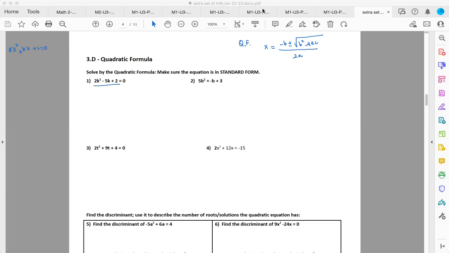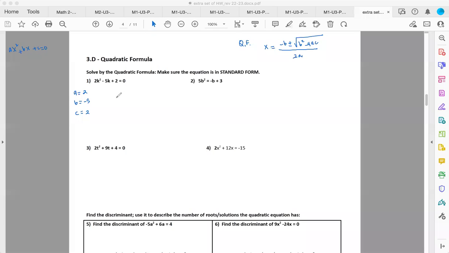So I would automatically identify a, b, and c. A is the leading coefficient, which is 2. B is the coefficient of the linear term, which in this case is negative 5. And c is the constant, the number by itself, which is positive 2.